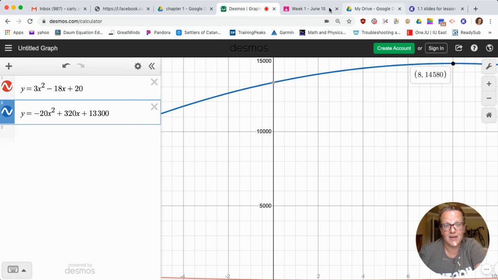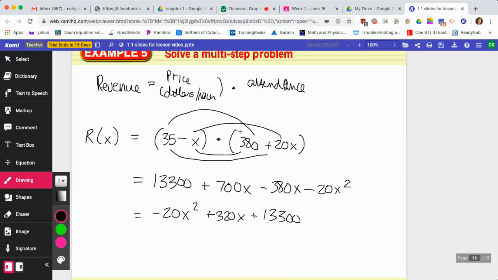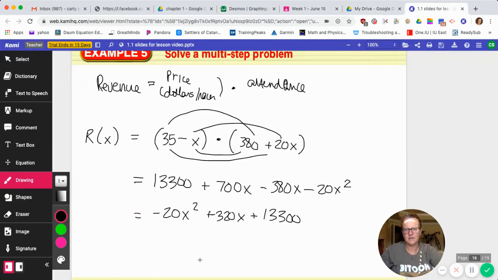So what does that mean for our answer? We're trying to find the maximum. We found the maximum was (8, 14,580). The maximum is always the y value. So that means that's the maximum that they are going to make. How can the owner of the go-kart track maximize weekly revenue?